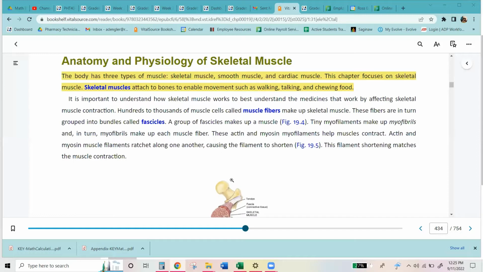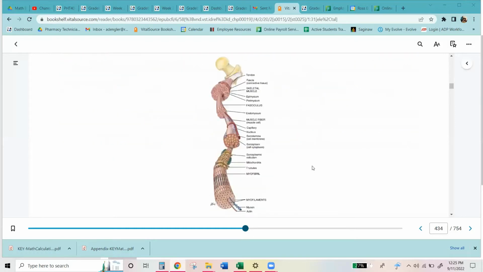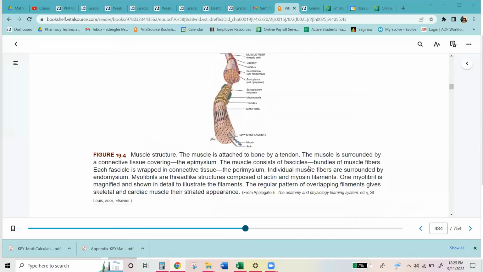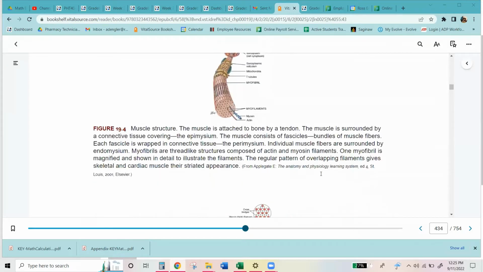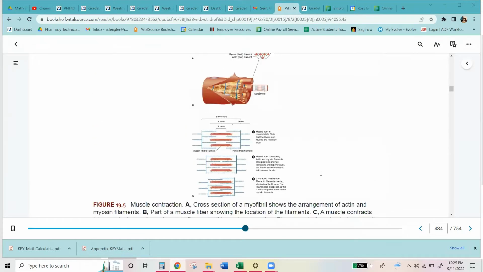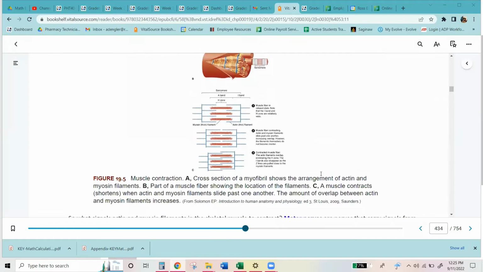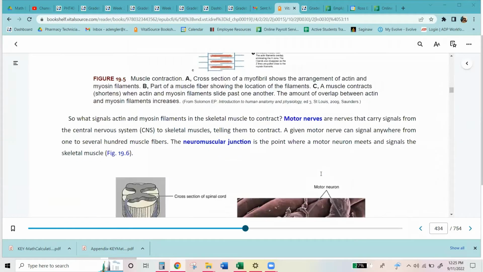These fibers are in turn grouped into bundles called fascicles. A group of fascicles makes up a muscle. So there's a figure of the muscle structure. And this is a depiction of a muscle contraction.